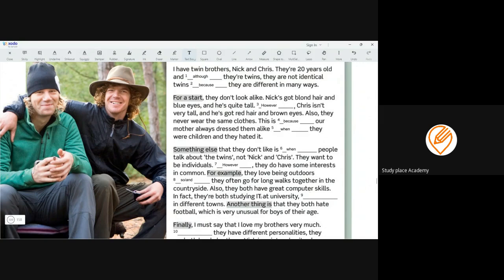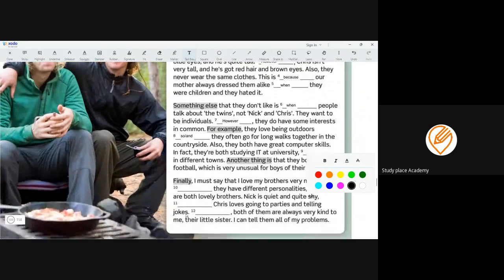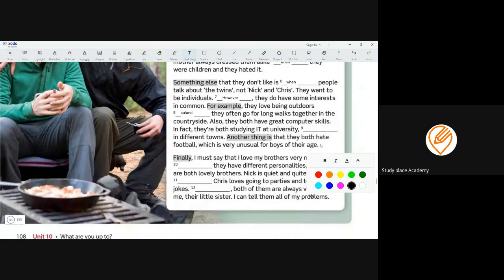Also, they both have great computer skills. In fact, they are both studying IT at university, but we have a comma and after it, but in different towns. Another thing is that they both hate football, which is very unusual for boys of their age.